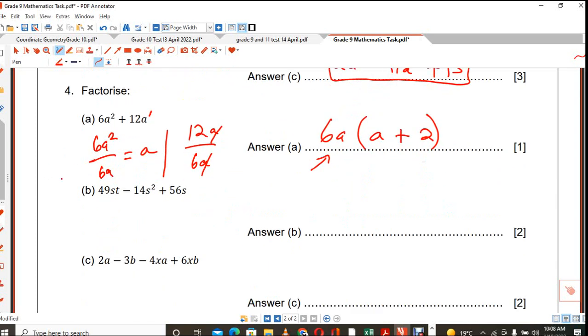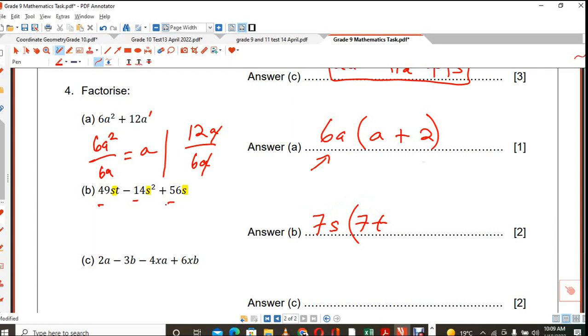The number that goes into 49 and 14 and 56, that number is 7. And now you get to the letters. The only common letter is small letter s. Can you see that? And you take the one with the smallest power. So that is outside. So how many times does 7 go into 49? It goes there 7 times. But there's a t left.